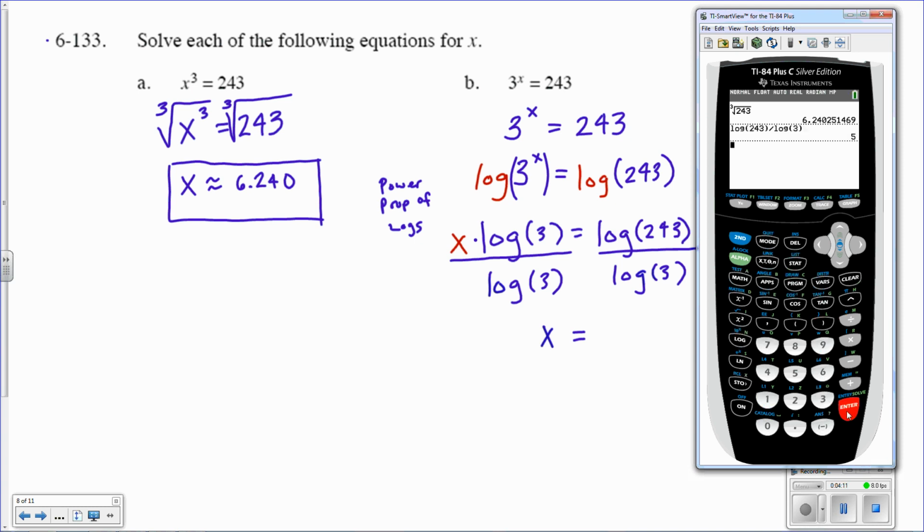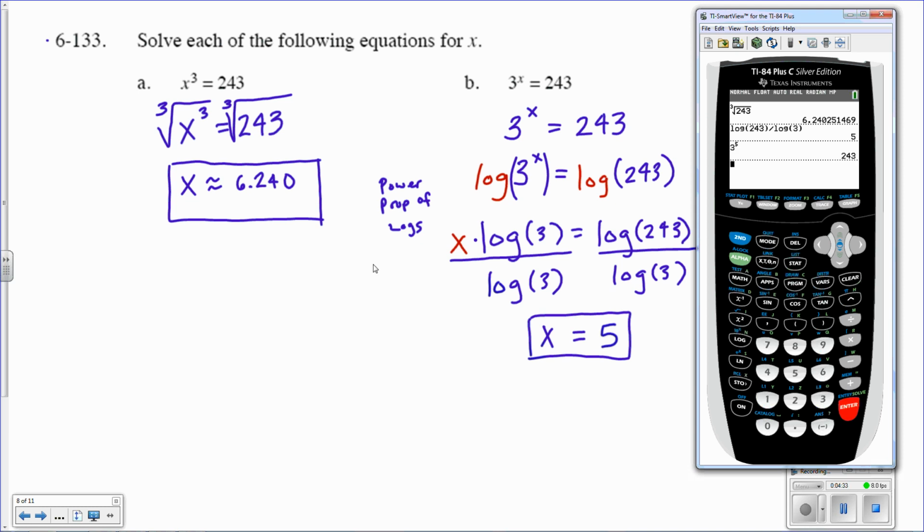And when we press enter there, you'll see the answer is 5. So looking back up here, we have 3 to the x equals 243. That would be the same thing as 3 to the 5th equals 243. Let's just double check it. 3 to the 5th, enter, 243.